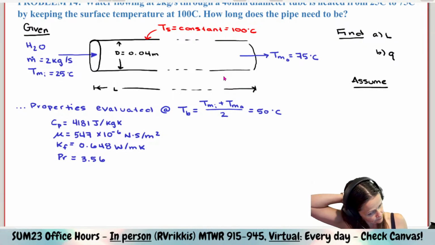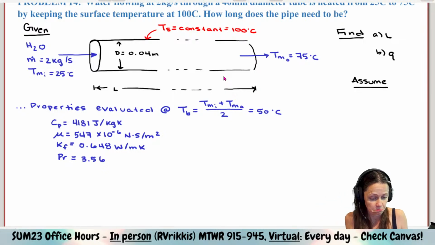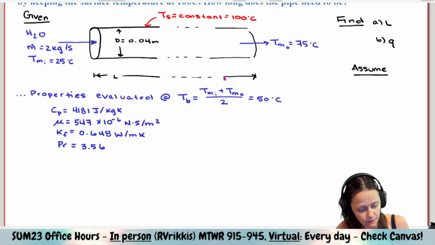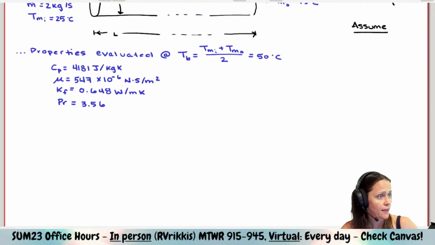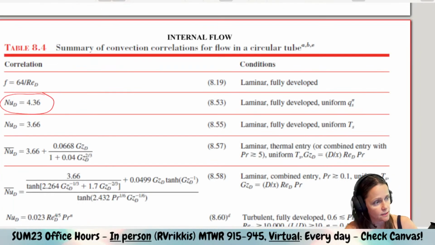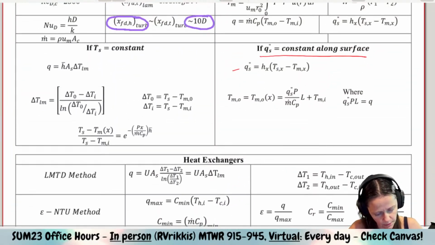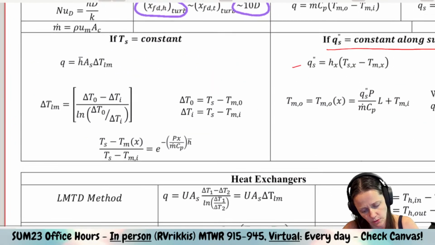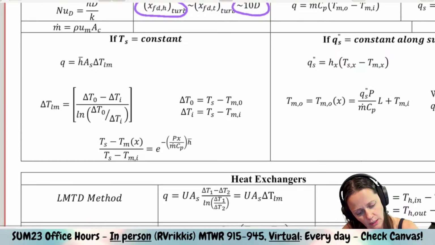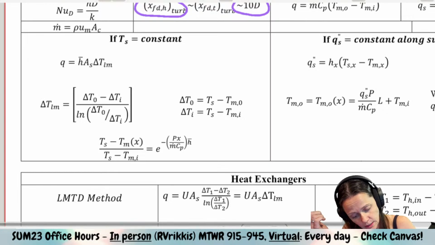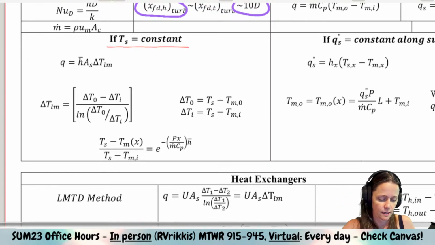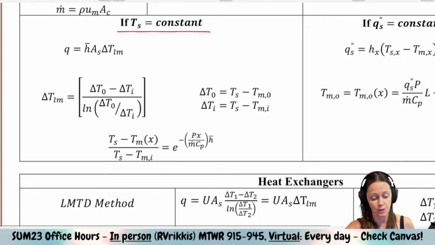All right, let's calculate some stuff. I definitely need to go look at my equation sheet. There it is. All right, so we are not looking at this stuff, we are looking at this guy. So constant surface temperature.